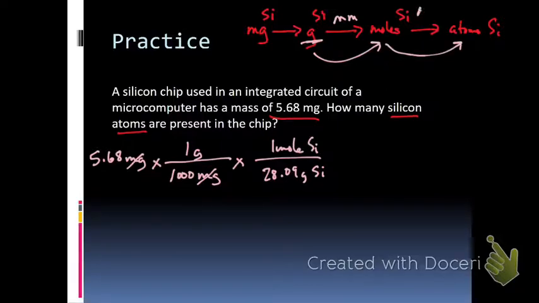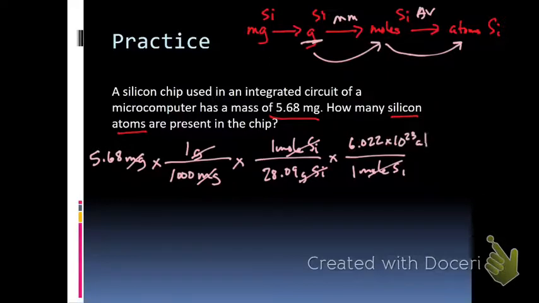I have to use Avogadro's number to go from moles to particles. In this case, it's atoms. So I have 1 mole of silicon. Oops, sorry, let me cross cancel. So 1 mole of silicon contains 6.02 times 10 to the 23rd atoms of silicon.